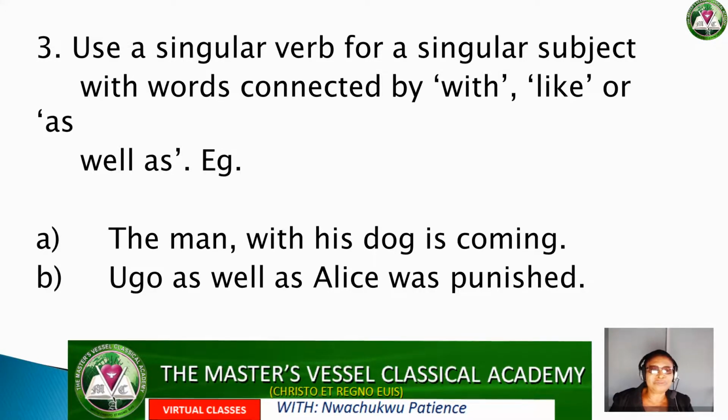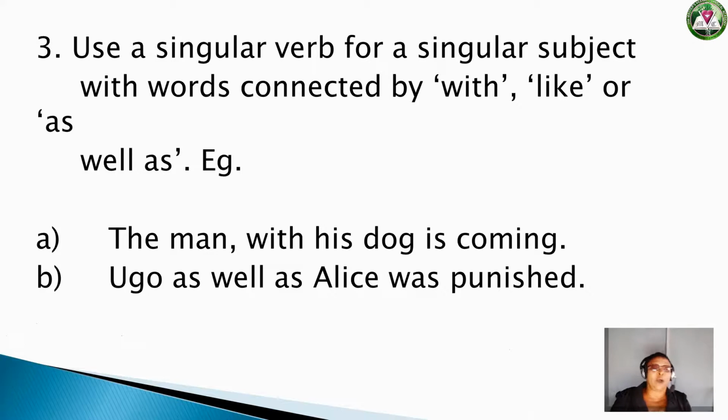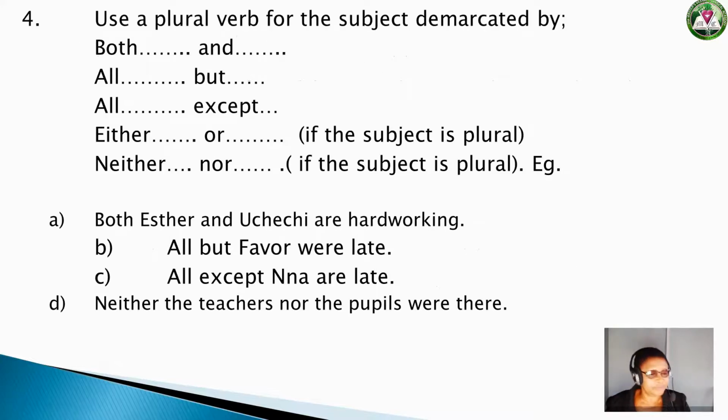No. Let us break it one by one. Ugo was punished. Alice was punished. If you want to connect these words with as well as, it must go with a singular verb, which is: Ugo, as well as Alice, was punished.